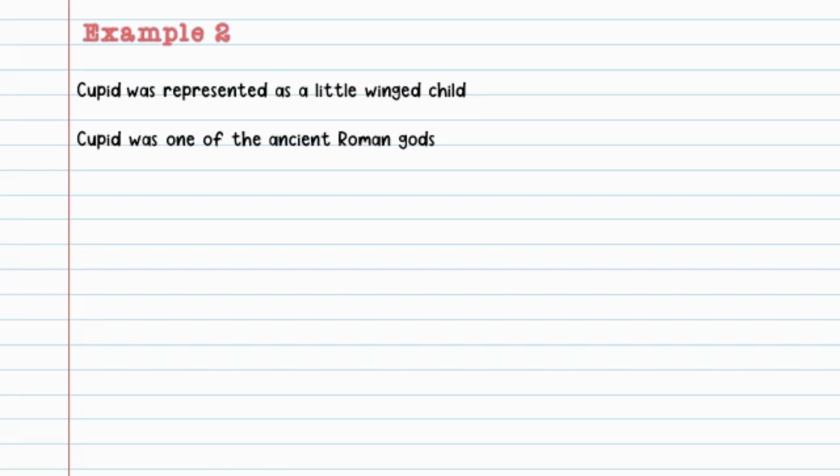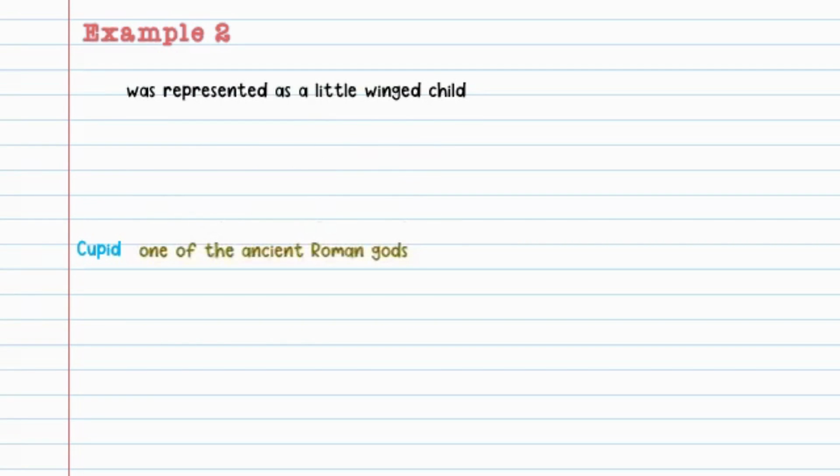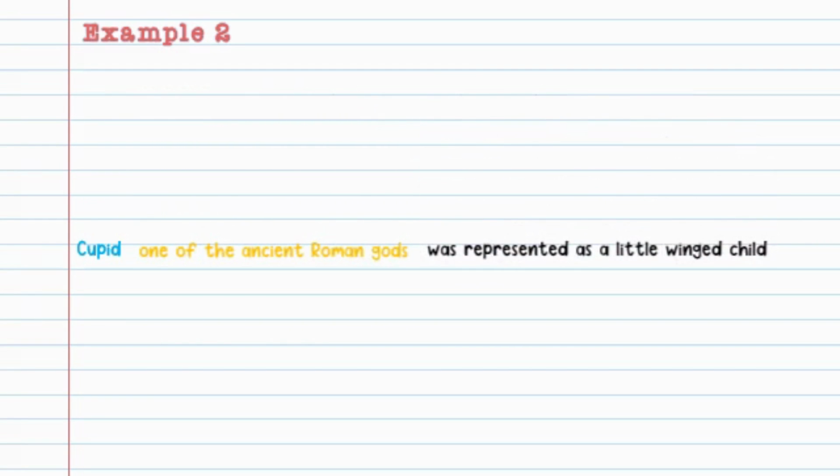As we said in the previous example, these sentences have the same subject and verb, Cupid was. So one of them will be deleted. And one of the ancient Roman gods will be placed between the first subject and the first verb.